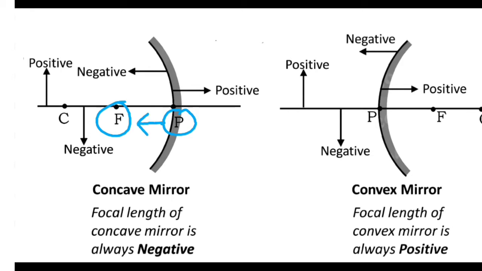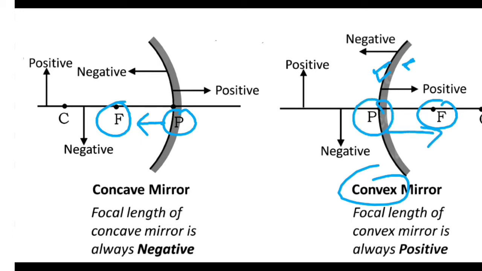In case of convex mirror, the focus is lying behind the mirror, because this side is the reflecting surface, and this side is the rough surface. Here the focus is lying pole to the right.